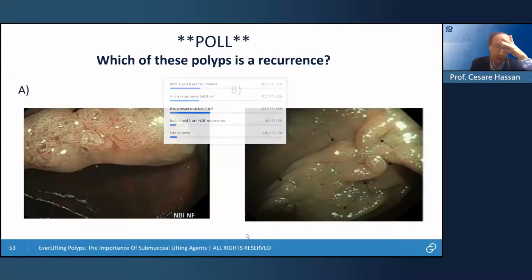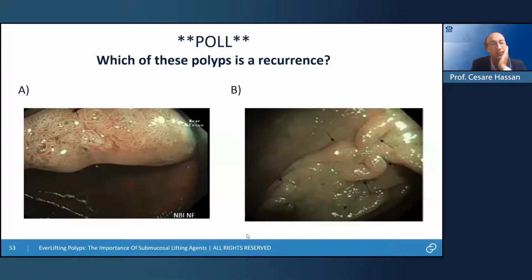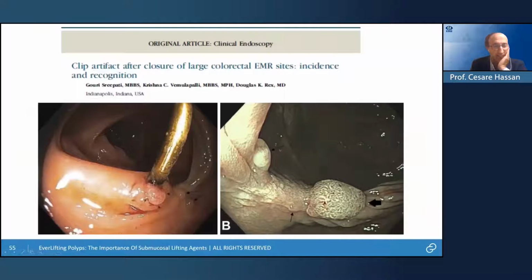Just focus on B, because it is somewhat an historic picture, because it comes directly from this landmark paper in 2015 by Doug, showing that not all protrusions that are on an EMR scar are necessarily neoplastic.